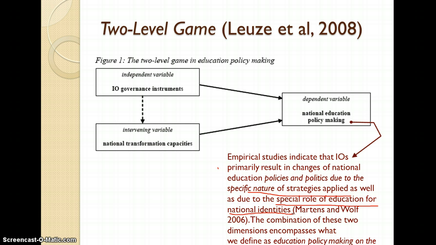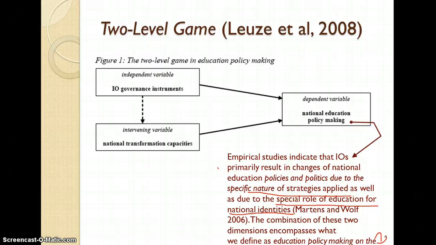And it's the combination of these two dimensions that encompass what we define as education policymaking, which are missing down here. It says, on the national level. So by combining specific strategies with the special role of education, you get education policy on the national level.